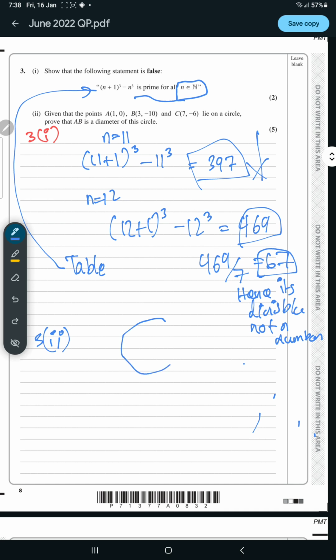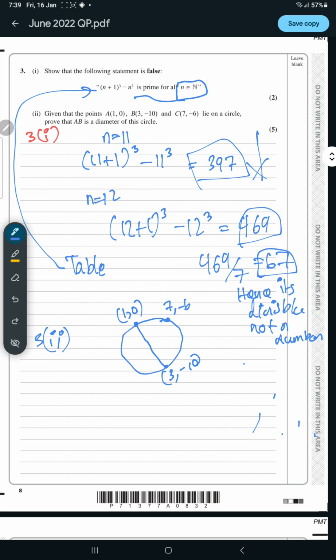So we have a rough sketch of a circle. A is (1, 0), B is (3, -10), and it just lies on the circle. Let's say it's just here. Now we have to show that this is a diameter.